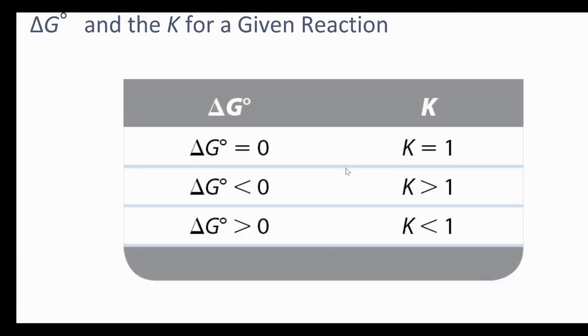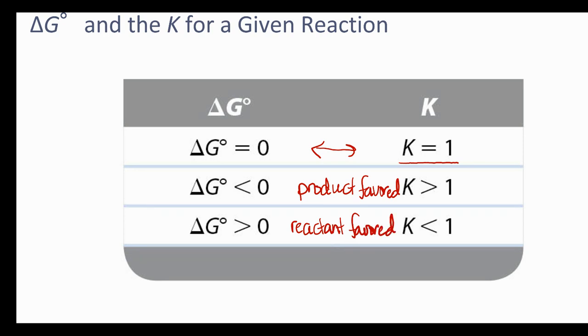Here we go. This is where I was trying to get to. This is what I drew up on that number line: when you have K that's around 1, then you have those truly reversible reactions, and delta G will be around 0. When K is very big, you have product favored. And when K is less than 1, you have reactant favored, and the delta G is positive.